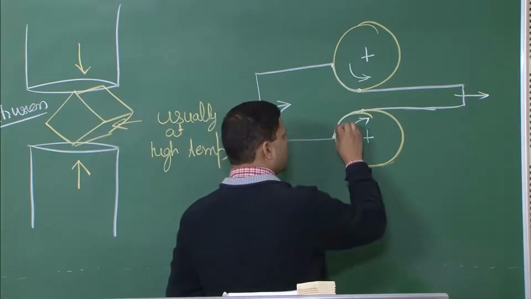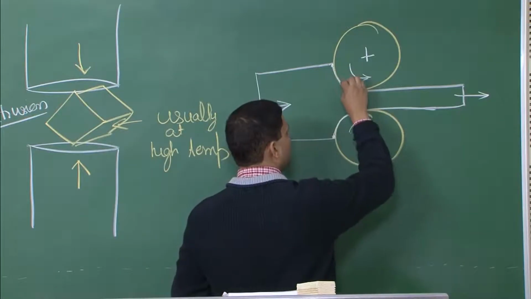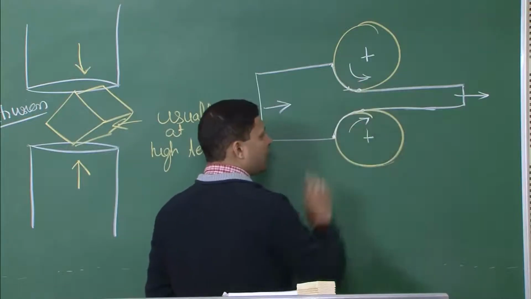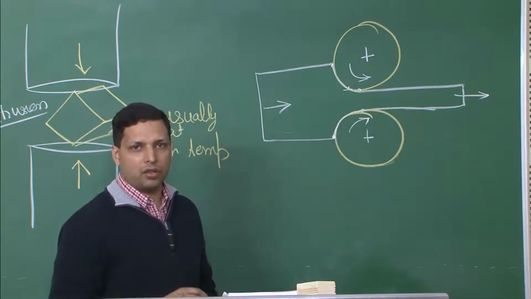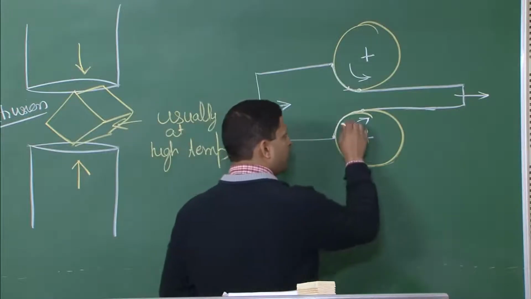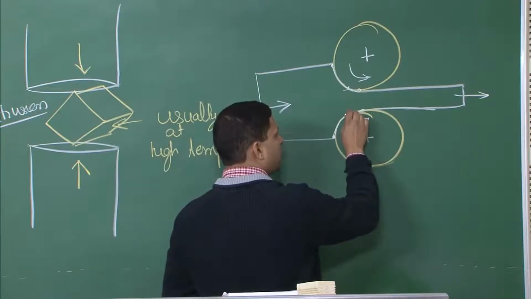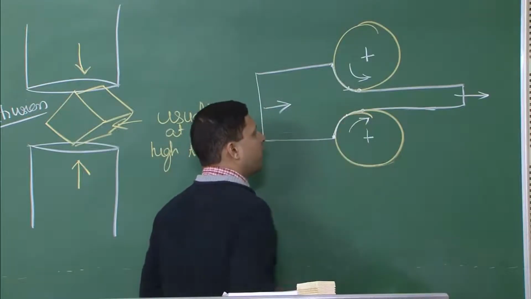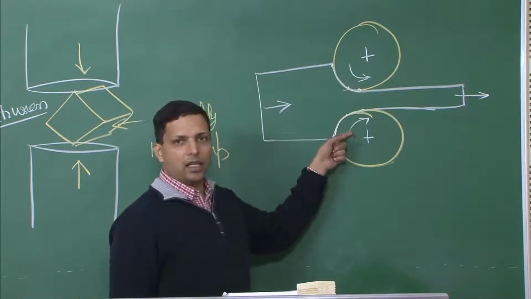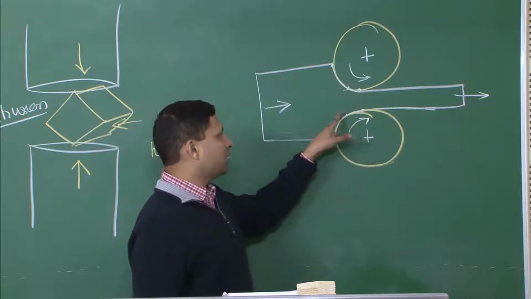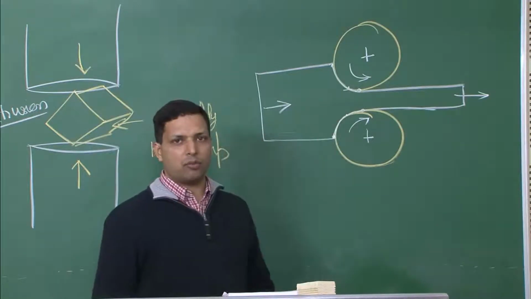So, there is a continuous change in velocity from here to here, but the drum is moving at one single constant velocity, and therefore, it would mean that the drum is slipping against the material at each and every point except at one point somewhere in between, where the velocity of the drum is exactly equal to the velocity of the slab over there.